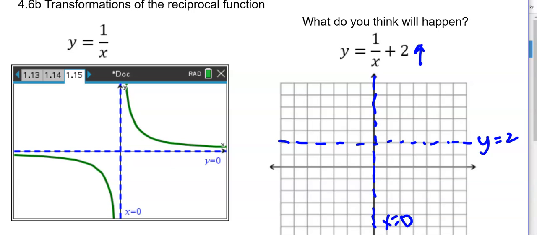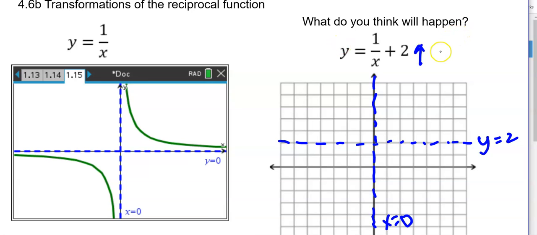And this would be a good idea if you want to get the intercepts correct. I don't think we have a y-intercept, but I think we would have some x-intercepts. So to find x-intercepts, you plug in y equals 0.